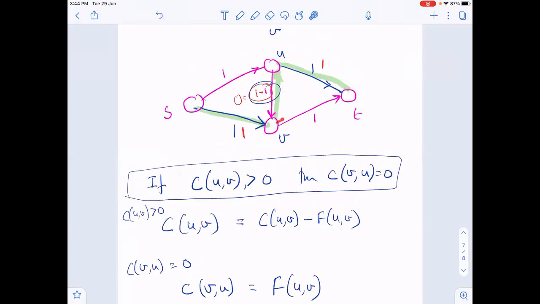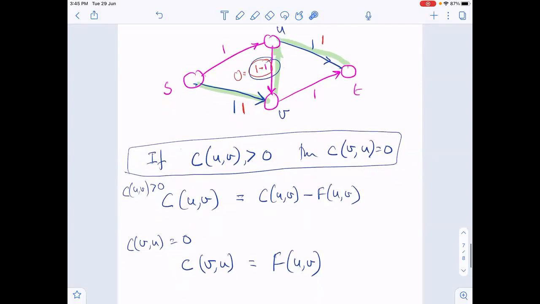But since one unit is coming from u to v, I can push one unit back, so the capacity now gets produced. It's an artificial capacity that has come up. Just because you are giving me one unit, I can push one unit back to you. So the capacity of vu becomes the amount of flow that is coming from u to v.